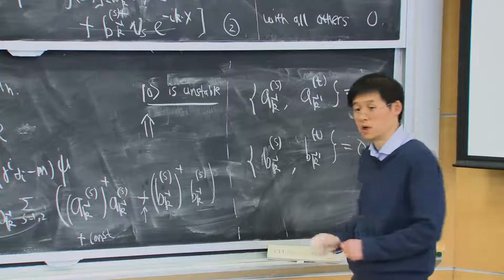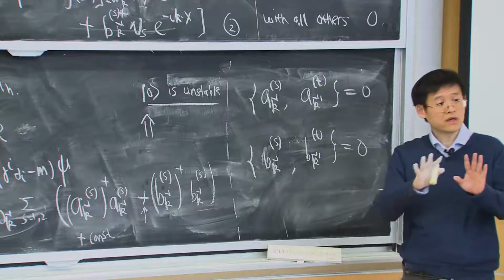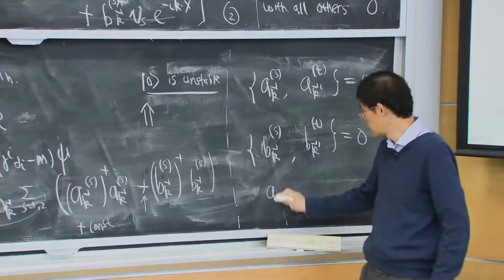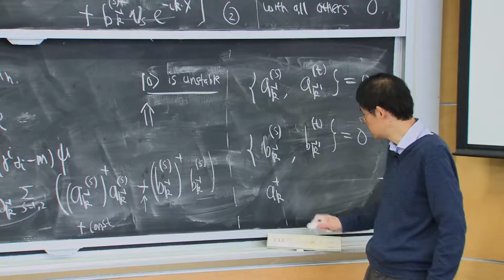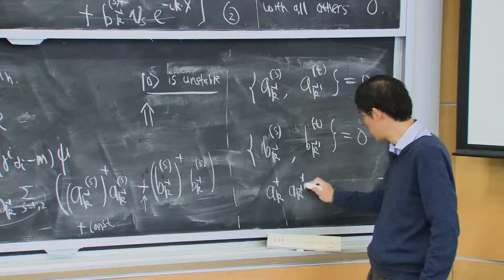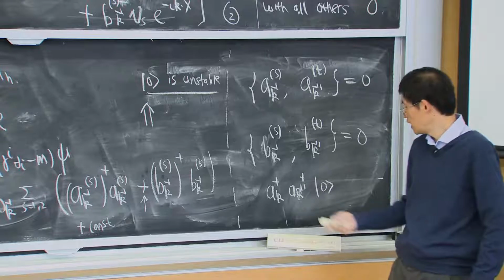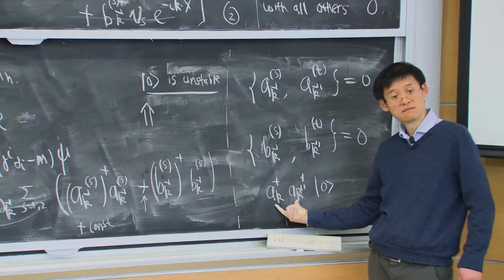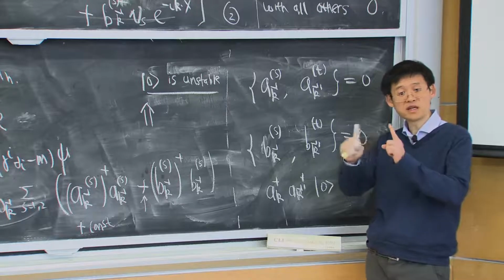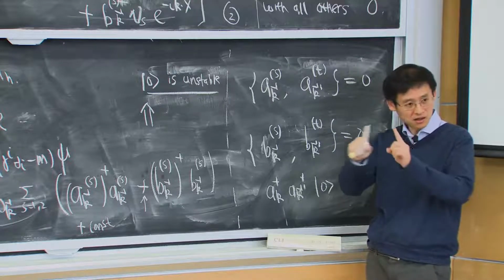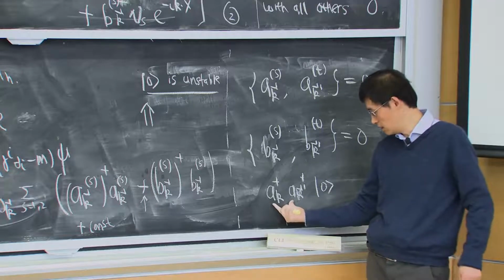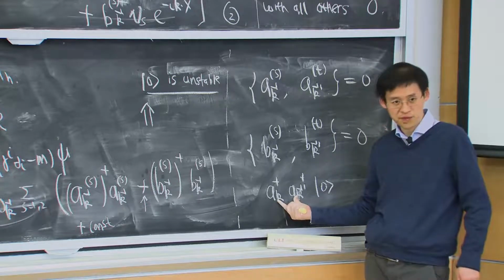They anti-commute with each other. Anti-commuting means that if you create a particle, for example A_k dagger, and you create another particle A_k' dagger on 0, these two anti-commute, meaning when you exchange the order you get a minus sign. That precisely gives you the minus sign in the Pauli principle, the statistics for fermions.